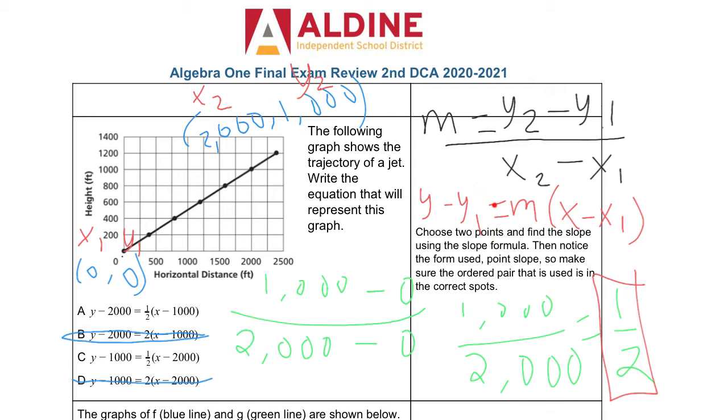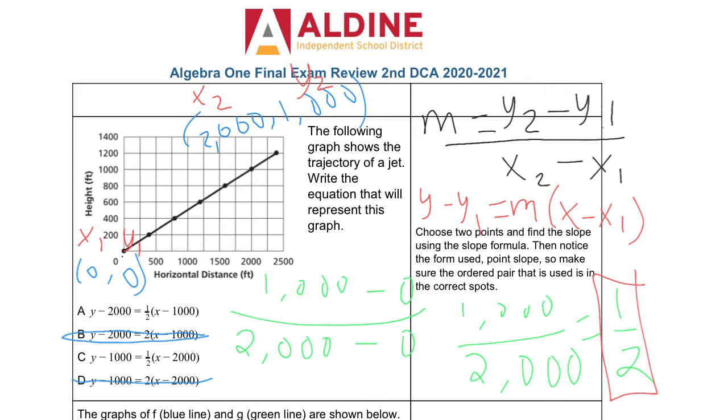So for y1, you're going to plug in 1000. But remember, you do the opposite. So this is a positive 1000. Whenever you put it into the point slope formula, it becomes a negative 1000. Which one has negative 1000 on the left side? A or C? So we can see that it's obviously C.